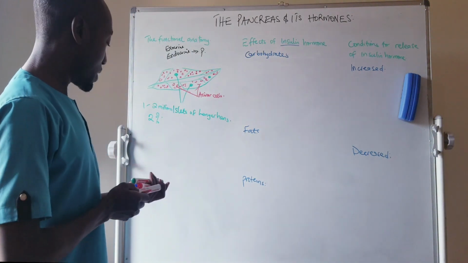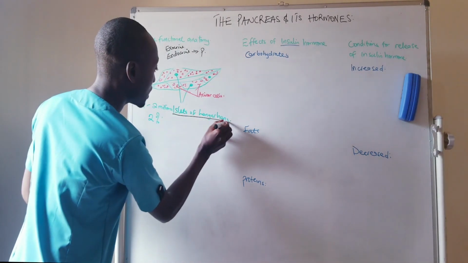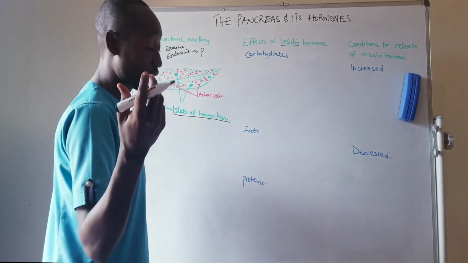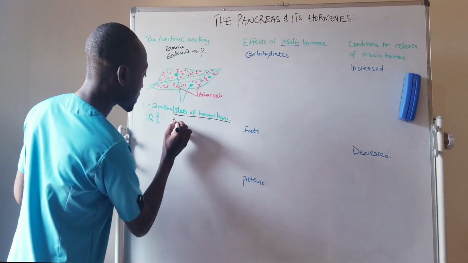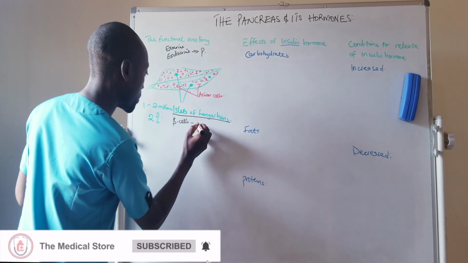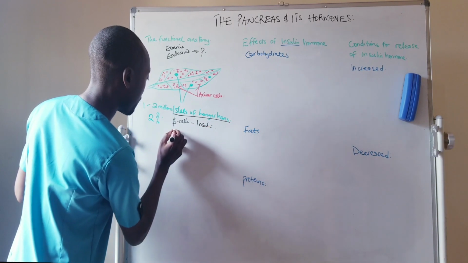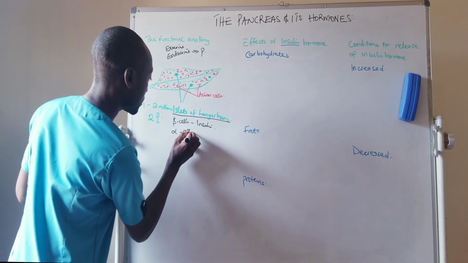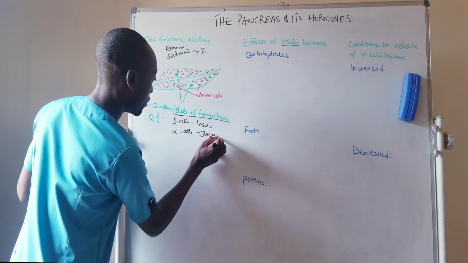Now, these specific islets of Langerhans also have different types of cells, and they include beta cells, okay, and these beta cells produce insulin. Then we have alpha cells that produce glucagon, okay?